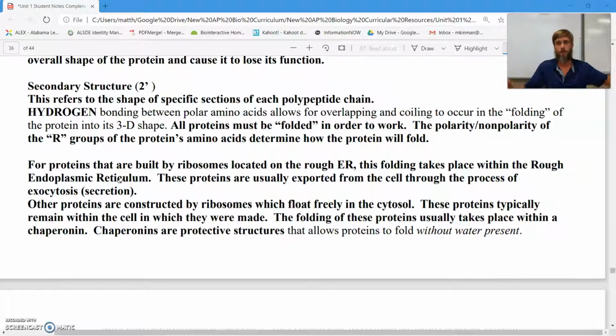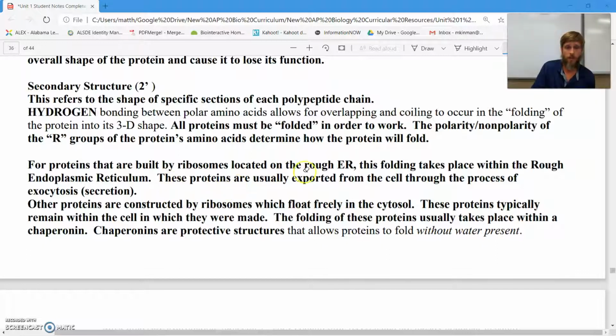Well, it helps to fold these proteins into their secondary structures. That might be a question you see in the future. I would probably guess that it is definitely going to be on the quiz. Where does the secondary structure fold? Where does that action occur? Well, it occurs in the rough endoplasmic reticulum.